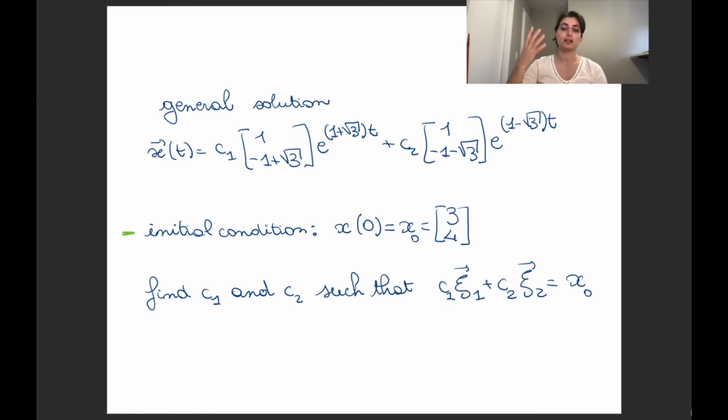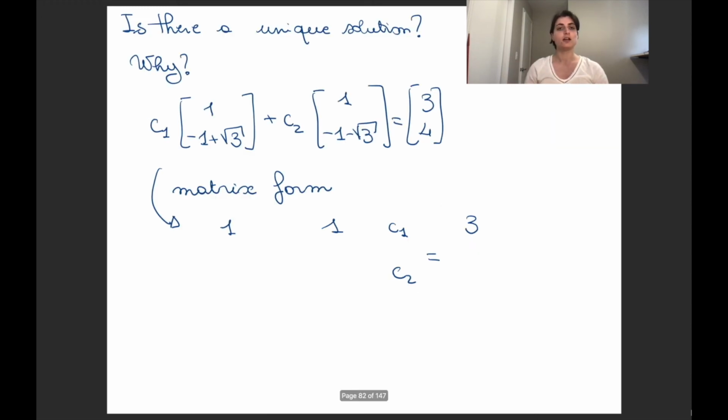We only have c1 times xi1, the first eigenvector, plus c2 times xi2, the second eigenvector, equal to the vector I just gave as initial condition. Is there a unique solution? And why is there a unique solution? There is a unique solution. It's a 2 by 2 problem. That means we have two unknowns, c1 and c2, and two restrictions.